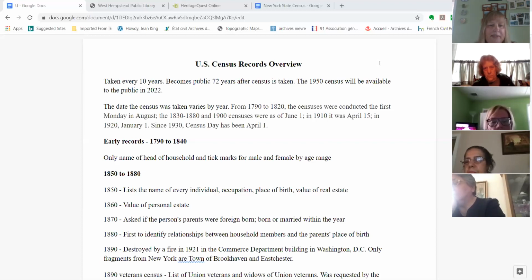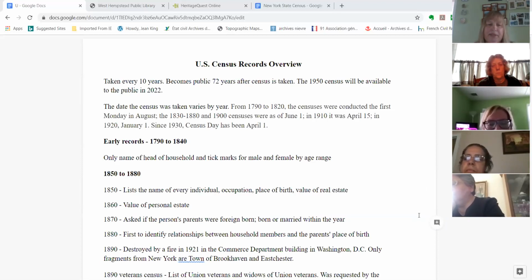By 1870, we start to get questions that give you more information about your family, such as if the person's parents were foreign born, and they also ask if you were born or married within the year that the census was being taken.